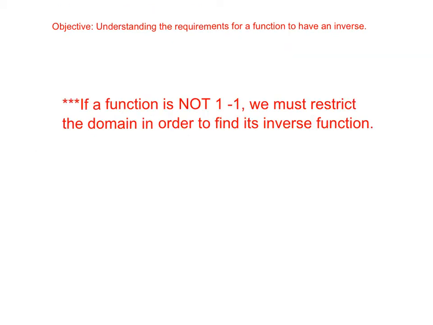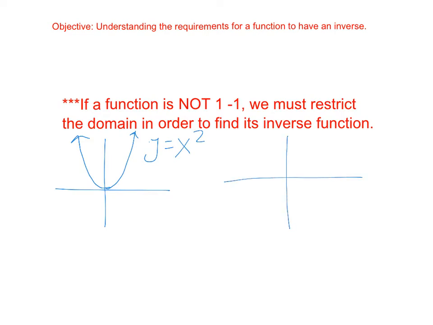If a function is not 1-to-1, we must restrict the domain in order to find the inverse. So here's the example that I talk about a lot. If you have a parabola, y equals x squared, and you have the square root of x.